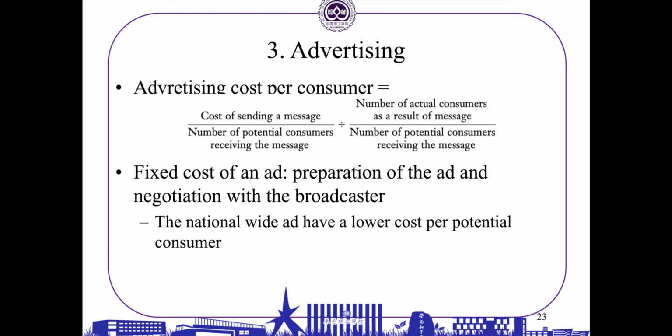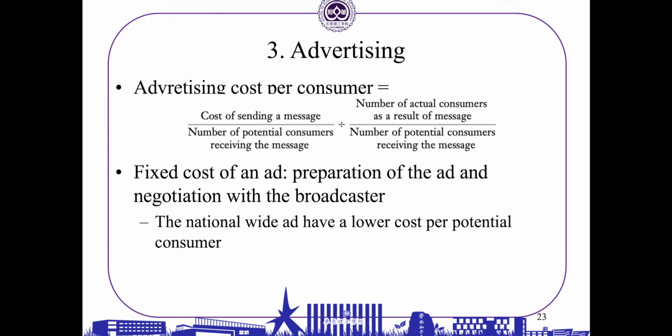The advertising cost is the cost of sending a message divided by the number of actual consumers as a result of the message. Considering that a consumer who watched the advertisement is not necessarily an actual consumer, we decompose the cost as a fraction. The numerator is the cost of sending a message divided by the number of potential consumers receiving the message.